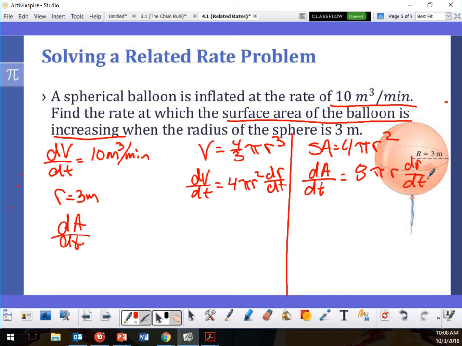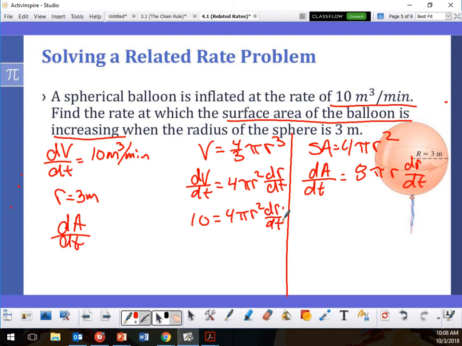Right? Yes. So let's say that this is going to be my 10 meters cubed per minute, is equal to 4 pi r squared dr dt, right? So I want dr dt by itself. So what am I going to do to both sides?